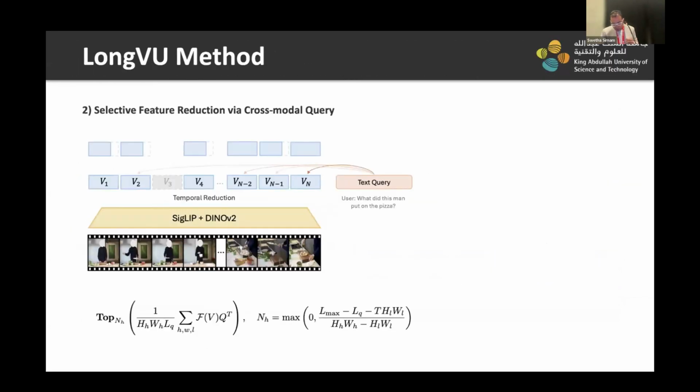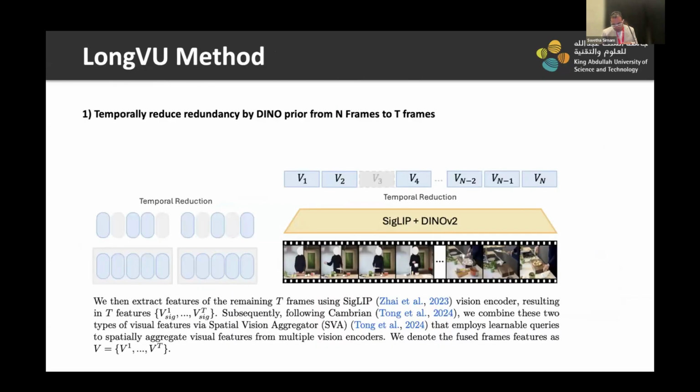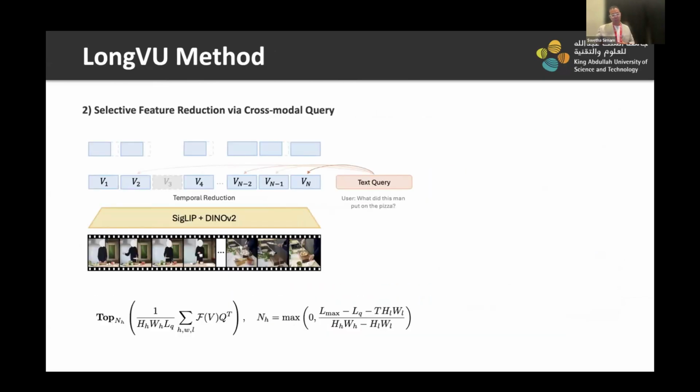compress information, and there is also something that I didn't mention here. It's called selective feature reduction via cross-modal query. Basically, there are 2 resolutions for every frame, one lower resolution and one high resolution, and based on the query itself, the model will upsample the tokens or lock into a zoomed-in mode on the frames that are most relevant to the query.